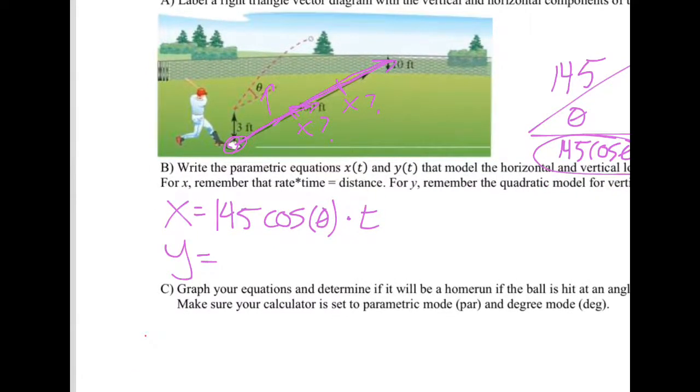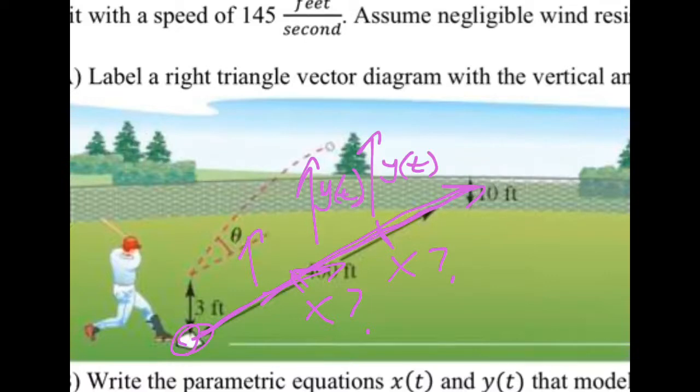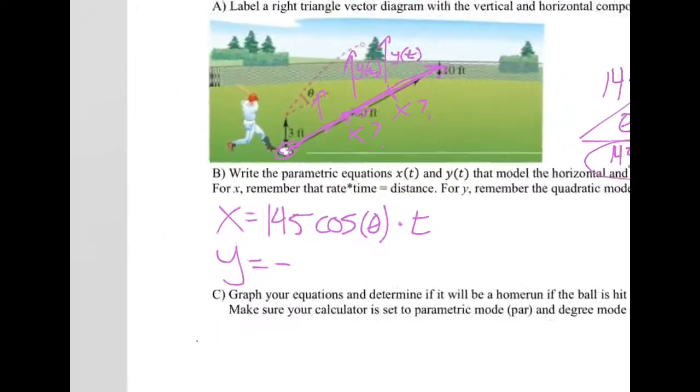Alrighty there. Well, what about y? For y, we are talking about the vertical aspect of the ball. How high is that ball at a given time? What is the height, the y value of that ball? Well, here we need to remember our vertical motion model, which we should remember is quadratic. It's going to be negative something t squared. What is that something? Well, it depends on the units.